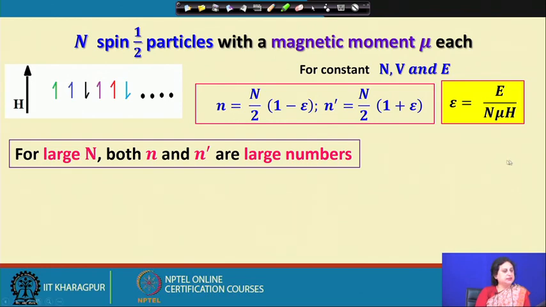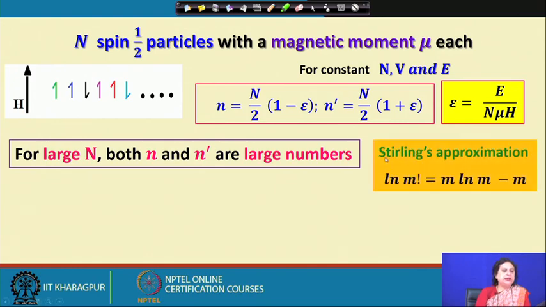In realistic systems, I have a very large value of capital N. Now, what is small n and n prime? These add up to capital N, and therefore, I must be having both n and n prime as very large numbers. Now, what is the consequence of having both small n and n prime as large numbers? And this is as follows.